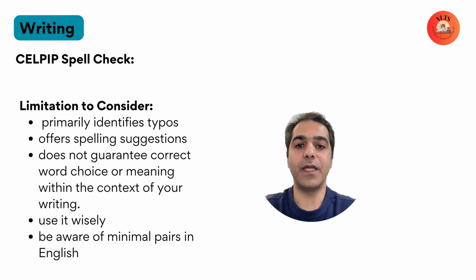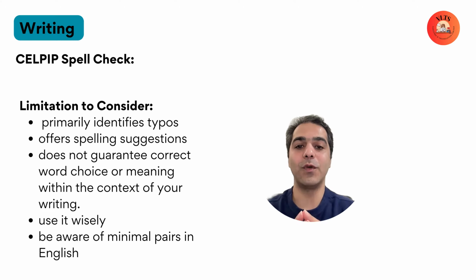The limitation includes those words that are actually a correct word in the English language and you typed it by mistake for something else. For example, you were going to type cut, C-U-T, and you typed cute, C-U-T-E, which is actually a word in English, and it does not identify it as a typo.